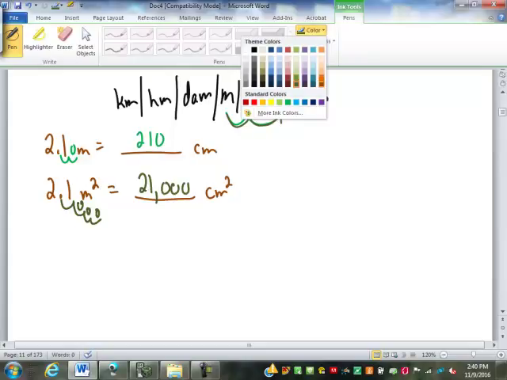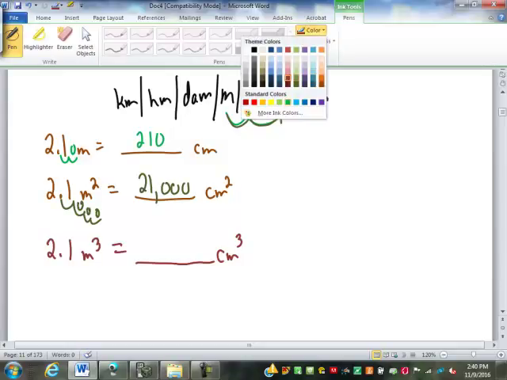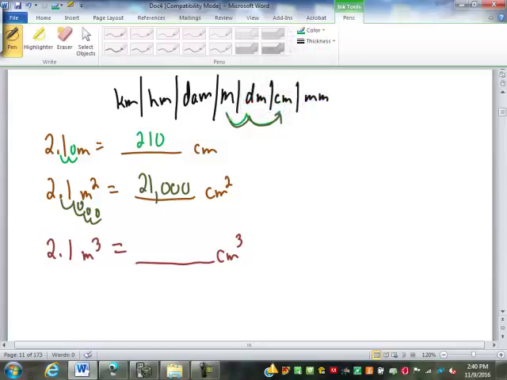What if there were 2.1 meters cubed? What do you think that's going to do to our decimal places? Well, now each decimal place is not going to be multiplying or dividing by 10 anymore.